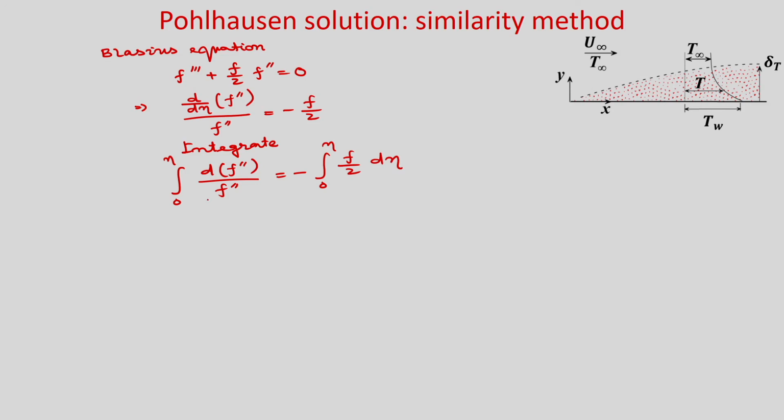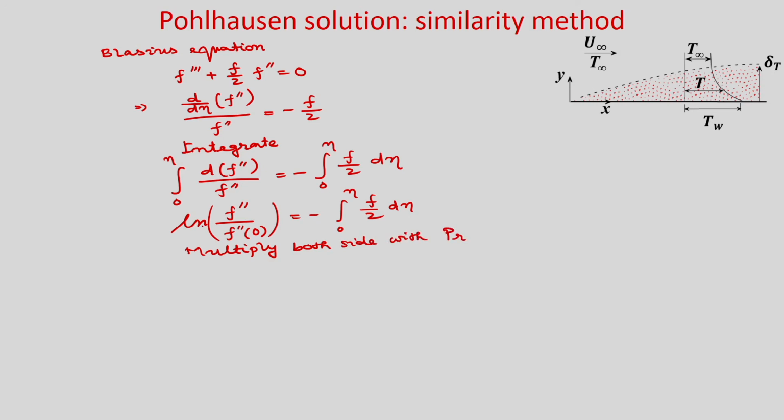Okay. So, now you can see that you will get ln f double prime, which is function of eta, divided by f double prime at eta is equal to 0, is equal to minus the integral from 0 to eta of f by 2 d eta. Now, multiply both sides with Prandtl number.